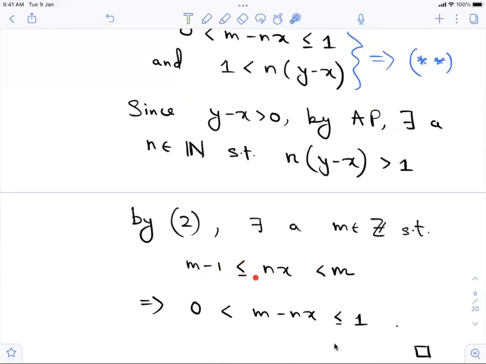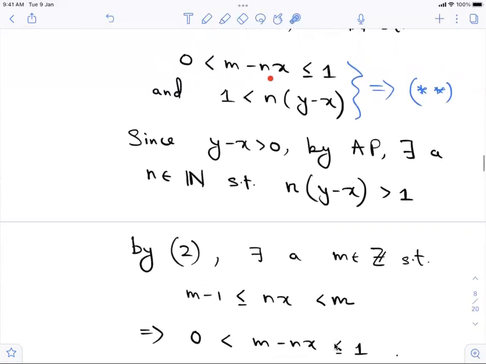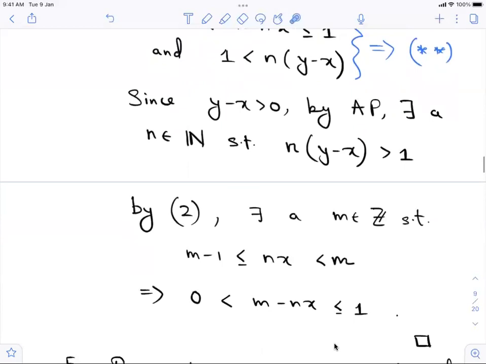From this, it follows that m is strictly bigger than nx, which means m minus nx is strictly positive. So this takes care of this part. And I have to prove that m minus nx is less than or equal to 1. Of course, it is, because the distance between m and nx is certainly bounded by the distance between m and m minus 1, since nx is sandwiched in between m minus 1 and m.